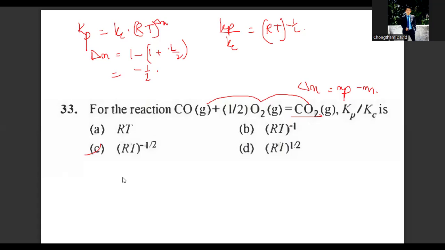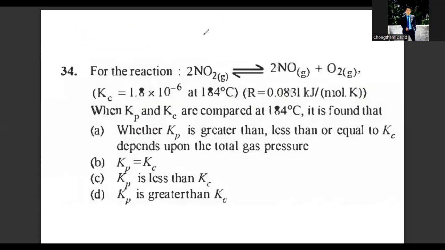Let's read question 34 again. For the reaction nitrogen dioxide giving nitric oxide and oxygen, when Kp and Kc are compared, it is found that, which of the following is the statement. So for the reaction given, it is evident that delta ng, just go with this formula, np minus nr.